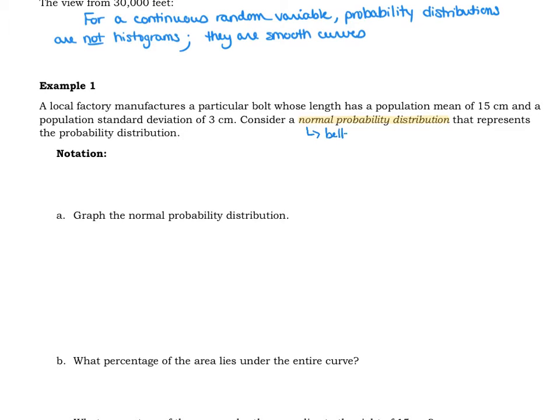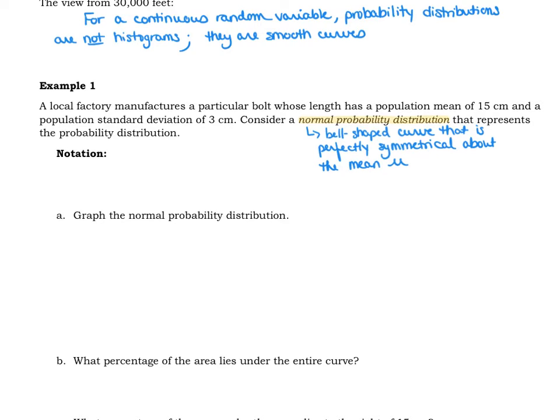This is a bell-shaped curve that is perfectly symmetrical about the mean. And we will still use the symbol mu to represent the mean. Now again, this is in a perfect world. In reality, nothing is perfectly bell-shaped, but statistically speaking, that is how it is represented.